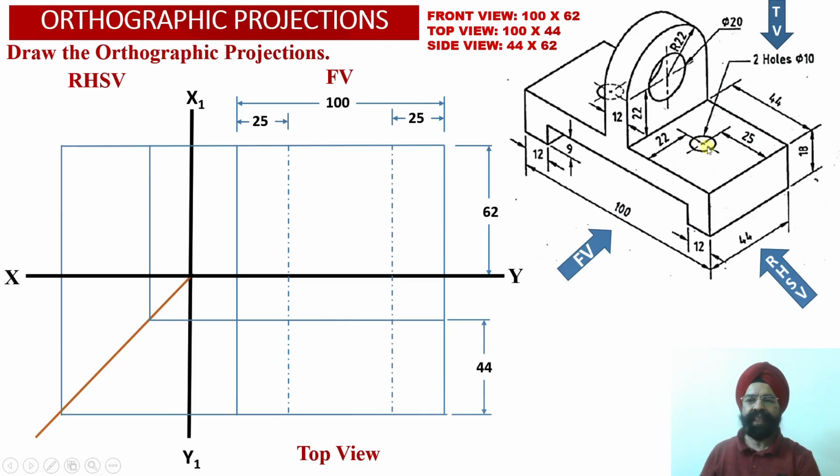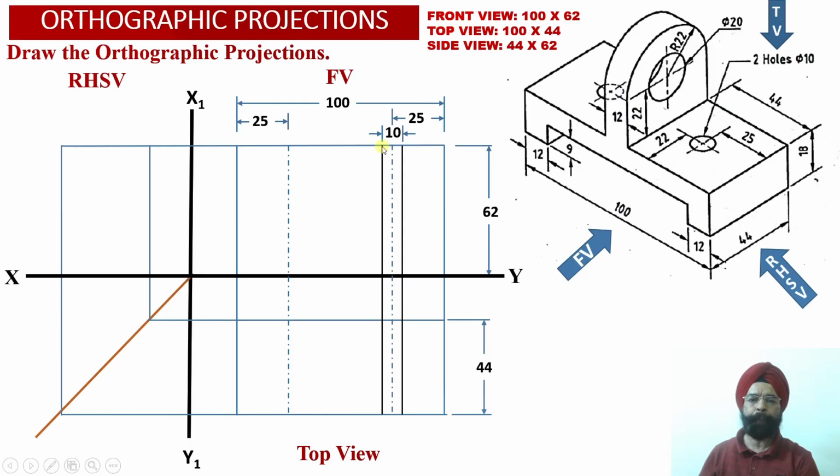Now we know that the diameter of these two holes is equal to 10 millimeter. So now we are going to take an offset of 5 millimeter on the left side and 5 millimeter on the right hand side of the center line, so that the projector lines corresponding to these extreme ends of the diameter we are able to obtain into the front view projections over here.